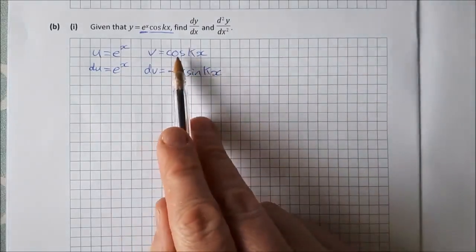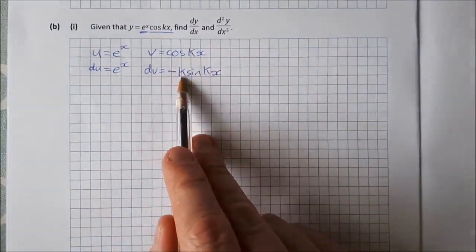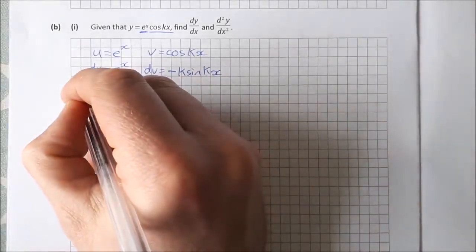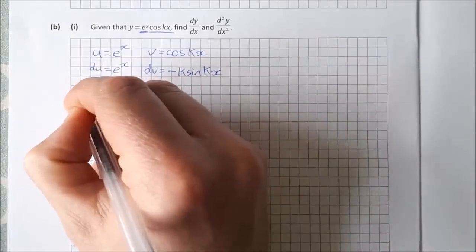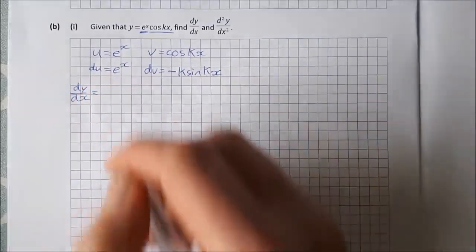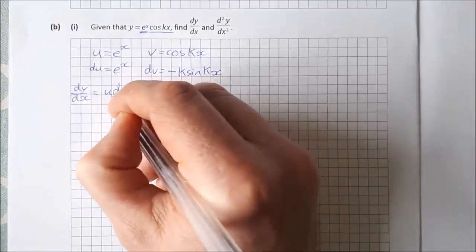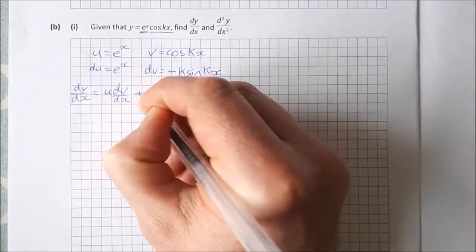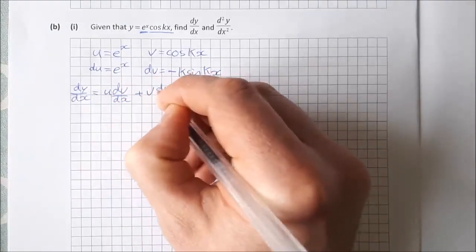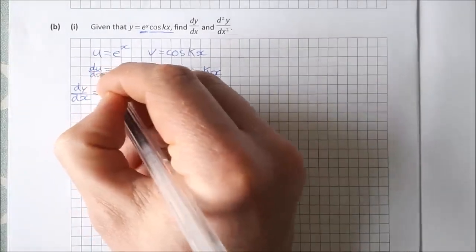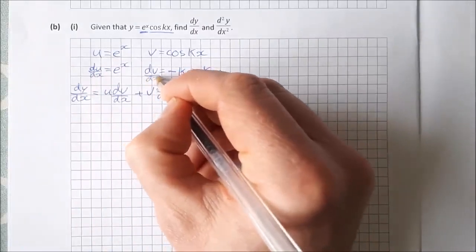So then dy/dx is equal to u dv/dx plus v du/dx.